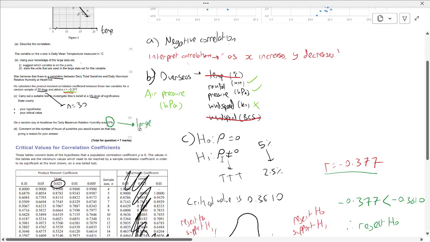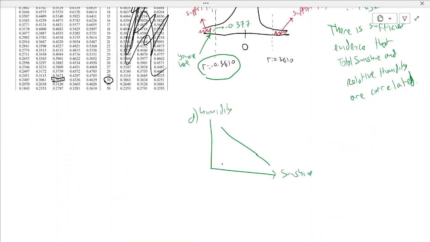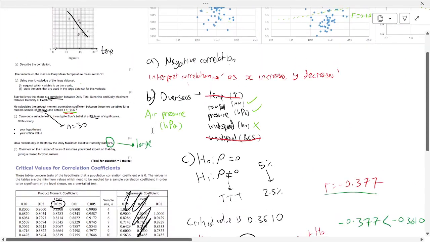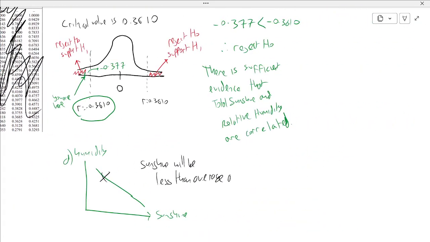So if the humidity is big, so we are somewhere maybe here, that means the sunshine will be small because we are negatively correlated. So we should just say the sunshine will be less than average, and which location we're at. This is Heathrow. This is all done at Heathrow, so it's valid.